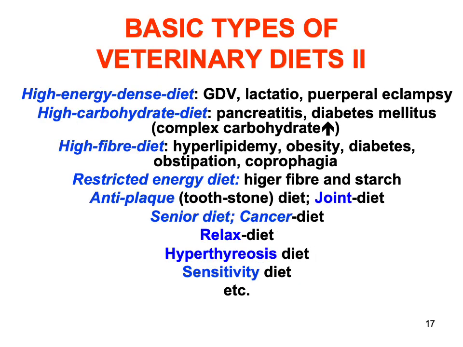The high energy dense diet was mentioned previously for the puerperal eclampsia and also gastric dilatation and volvulus. High carbohydrate diet for the pancreatic patient in case of diabetes mellitus.